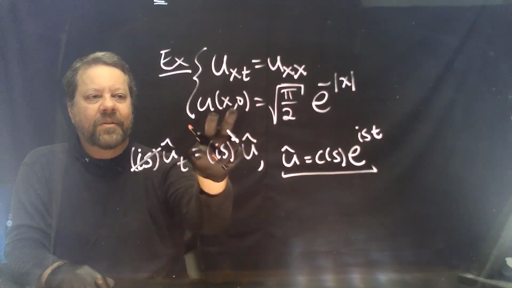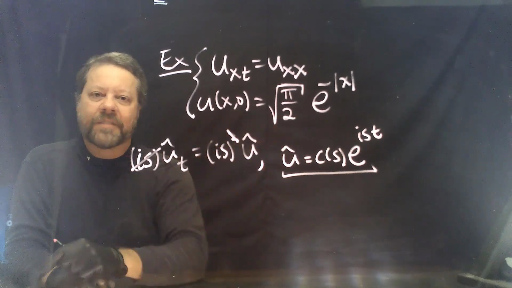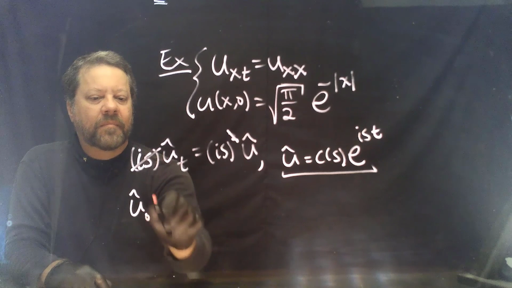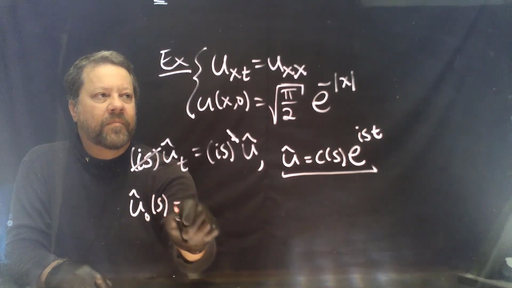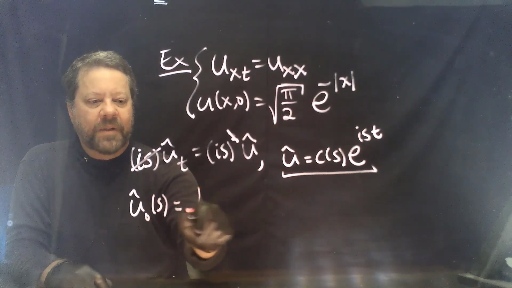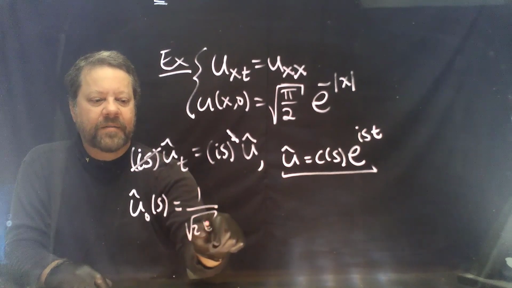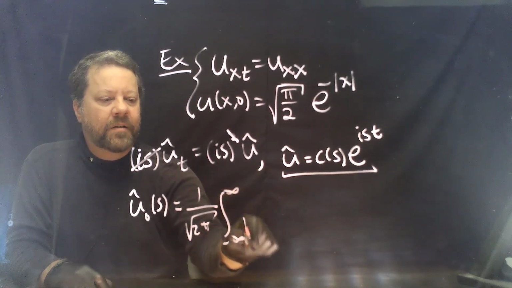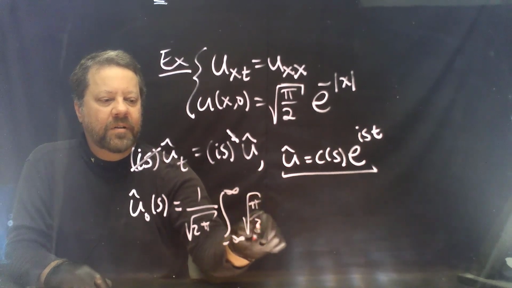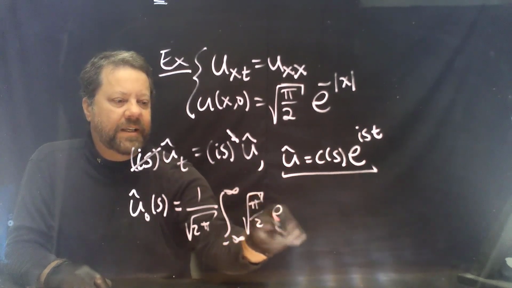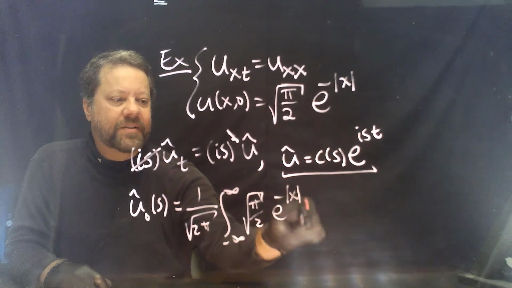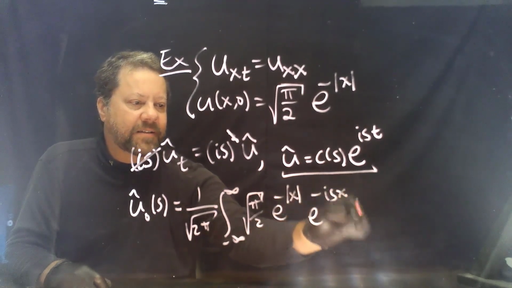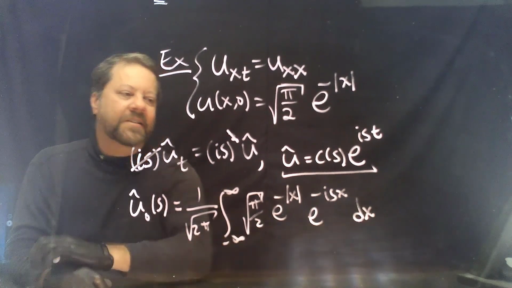So we need to know the Fourier transform of the initial data. So we'll have 1 over root 2 pi, integral of root pi over 2 e to the minus absolute value of x e to the minus i s x dx.